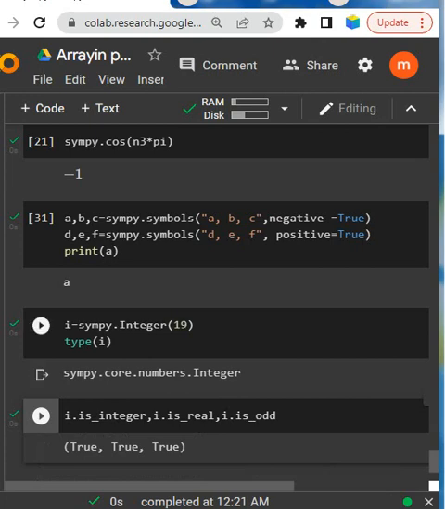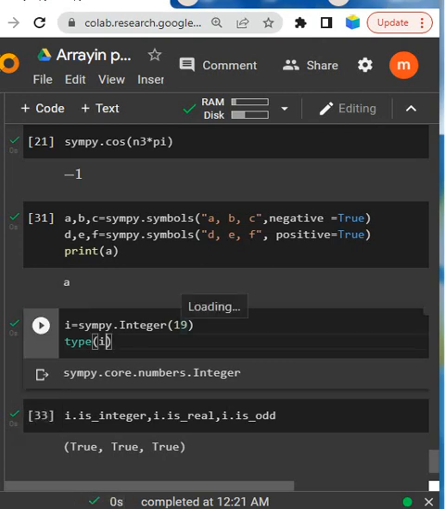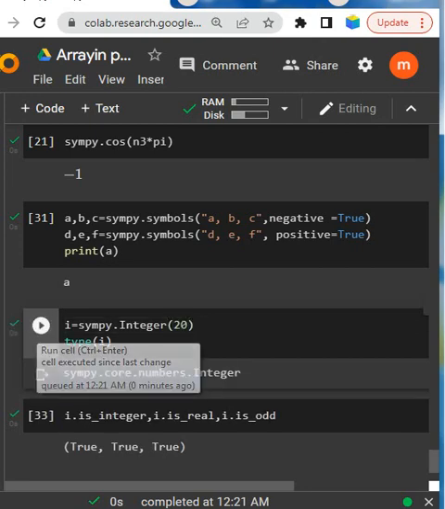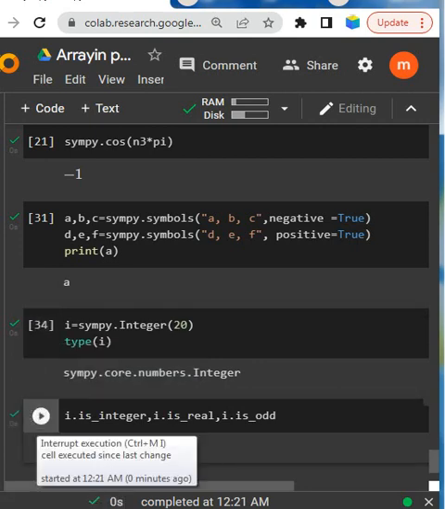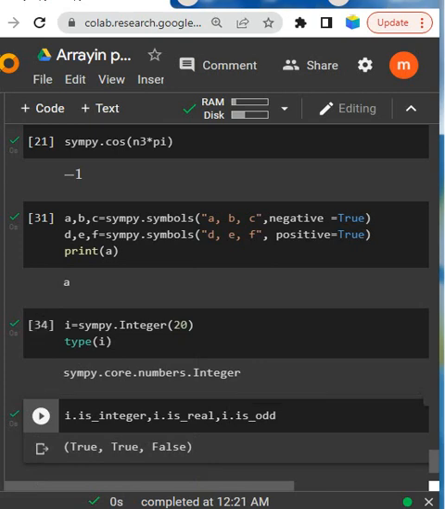Here I have taken I as a variable: it is an integer, it is real, and it is an odd value because it is 19. But if I put here 20 and ask the same questions, you can see the last is false because it is not odd.